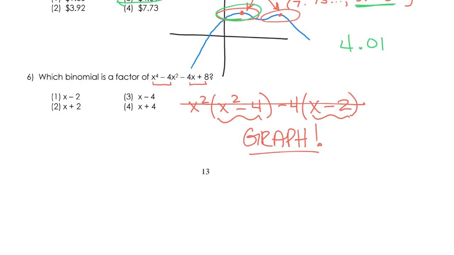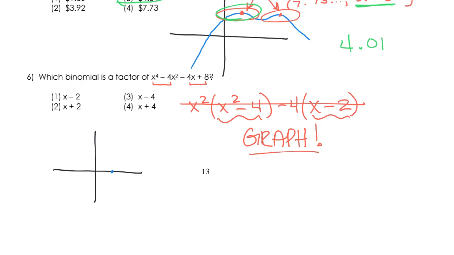When I graph it, I can see where it crosses the x-axis, or I can look in my table as well. It looks like it crosses at 1 and 2, but actually it doesn't cross at 1. It's pretty close, but if you look at the table, it doesn't. The only one that we can say it crosses at is 2.